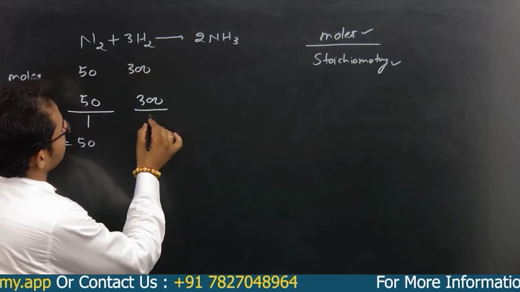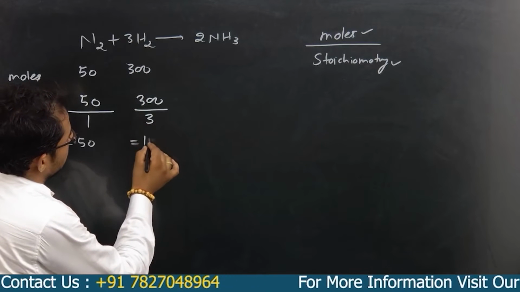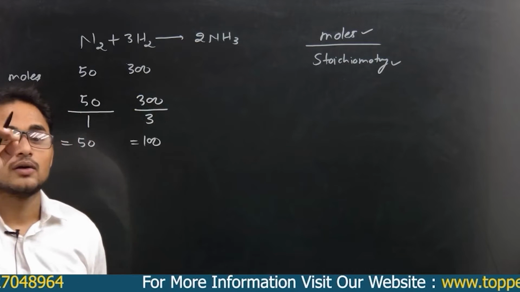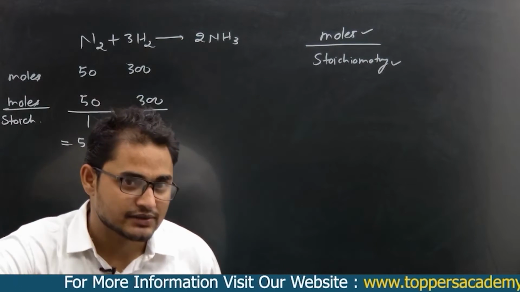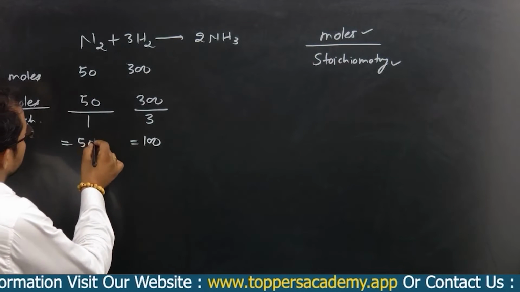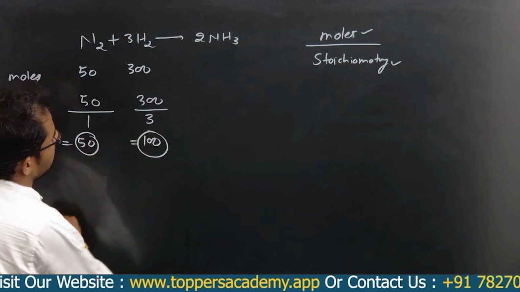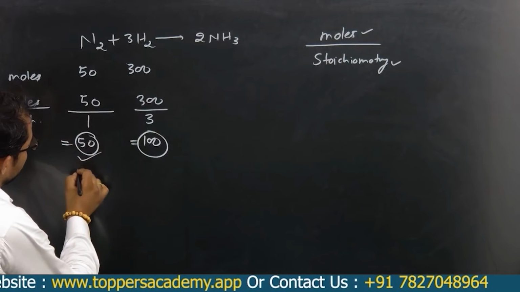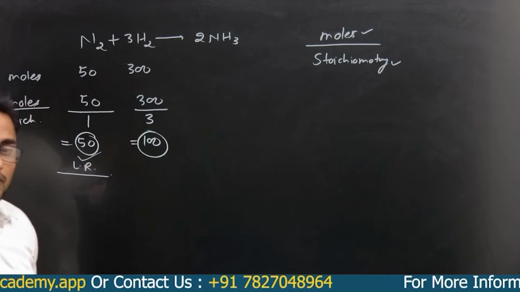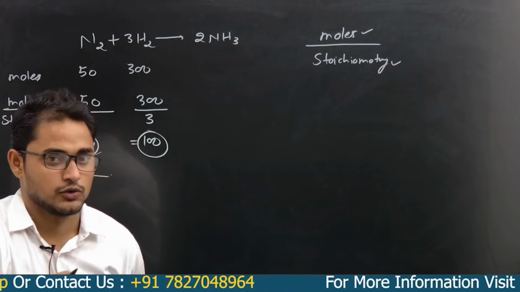So we divide it by 3, so it is 100. The reactant for which moles upon stoichiometry is lesser will be our limiting reagent. So here the values are 50 and 100, 50 is lesser, so N2 will be the limiting reagent. Okay, we can solve in this way also.